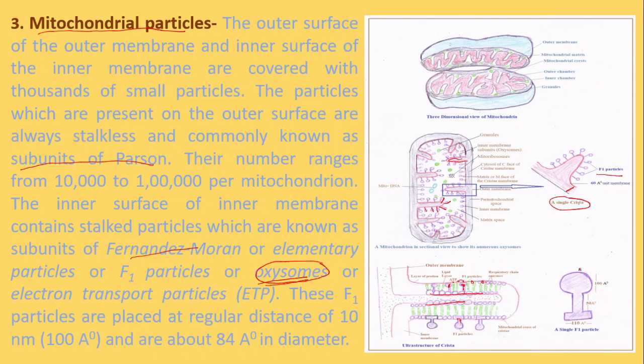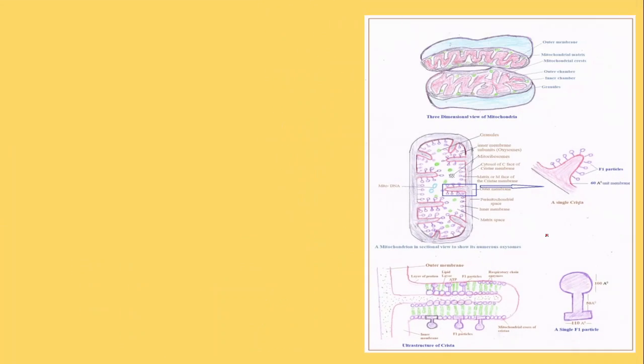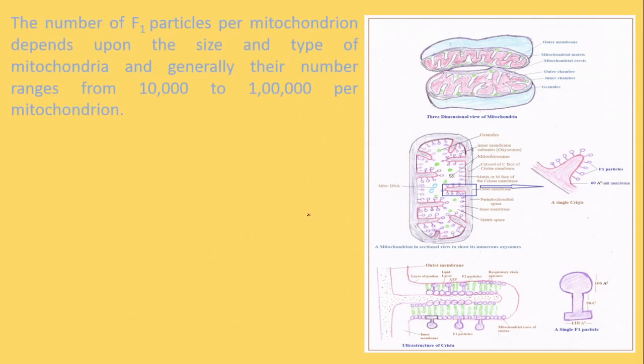If you see the enlarged single particle, you can see it like this. This is a very important functional unit of mitochondria. The number of F1 particles per mitochondria depends upon the size and type of the mitochondria, and generally their number ranges from 10,000 to 1 lakh per mitochondria.